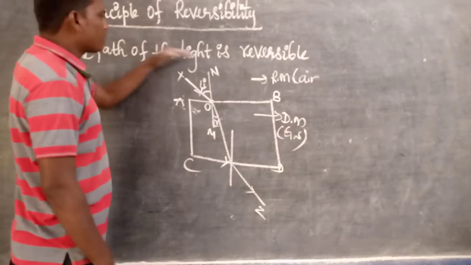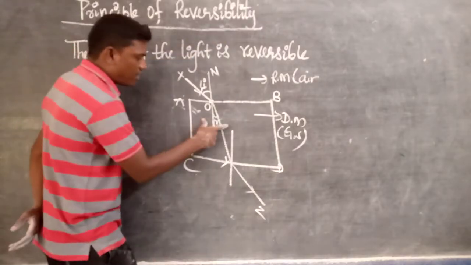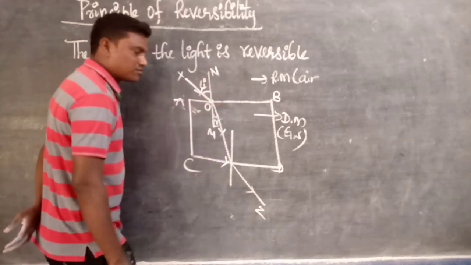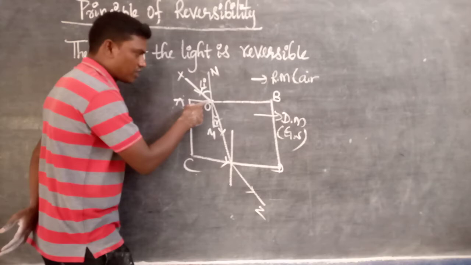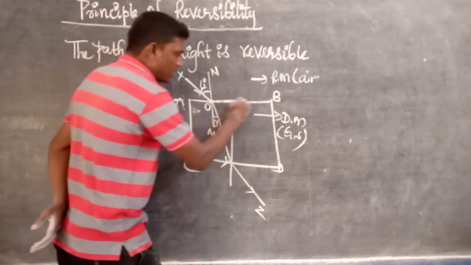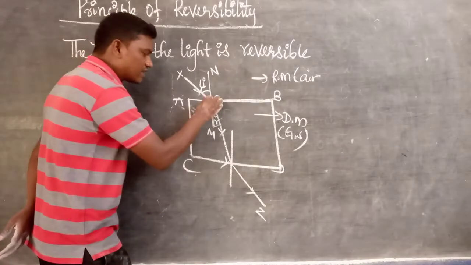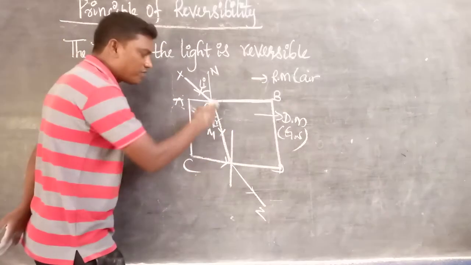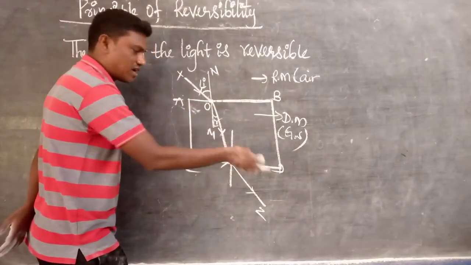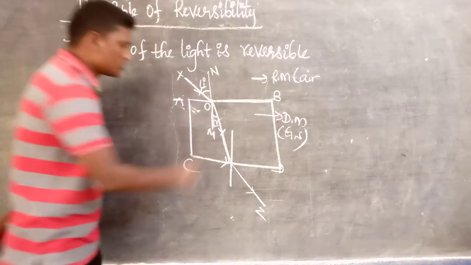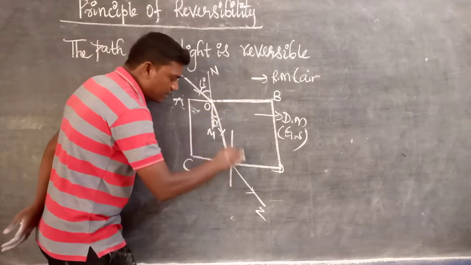So the path of the light is reversible means, according to this diagram, the light ray passes through rarer medium initially and falls onto the surface of the glass slab, the refracting surface, and the light ray will be refracted. How we can find it? We know that by using the two things concept only. I will show practically in the next video. So it is called the refracted ray.